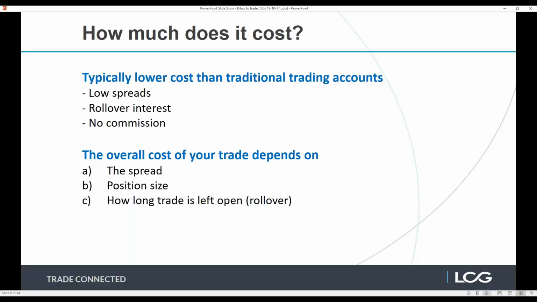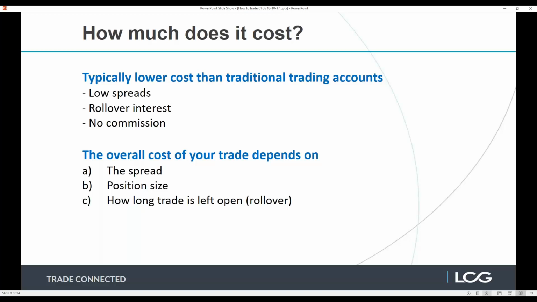That rollover interest can start to eat into your profits and can be a consideration as to why to maybe use other forms of trading. For the most part, this is a trading account. You're looking to buy and sell on a fairly regular interval, and it's not such a factor. And I would argue most of the time, the no commission and low spreads offset it.